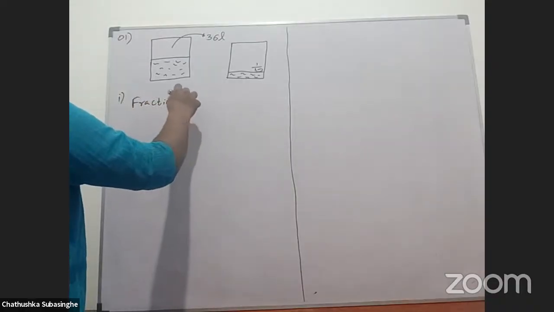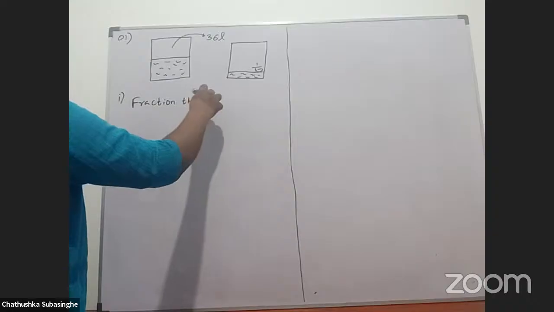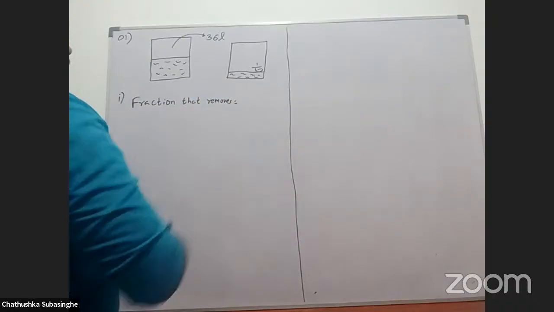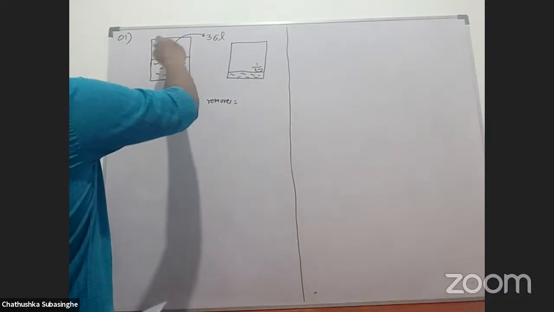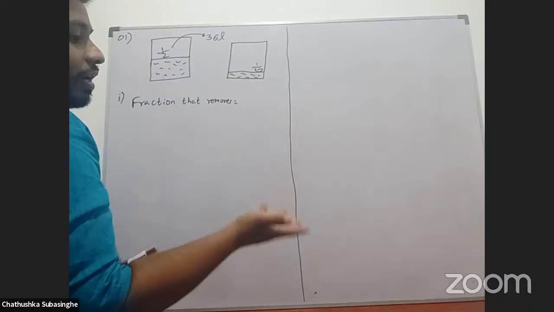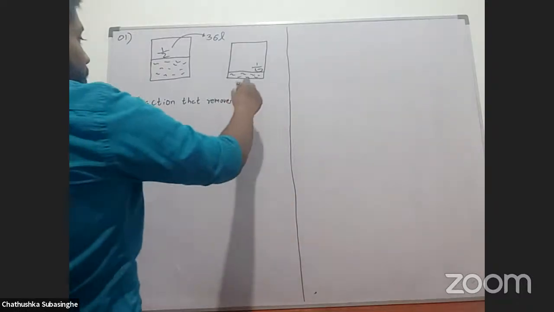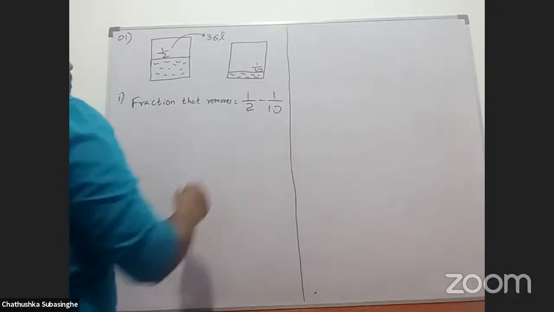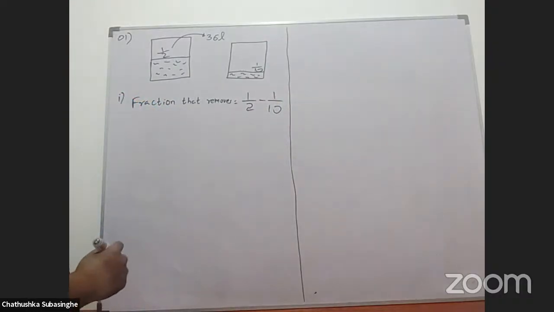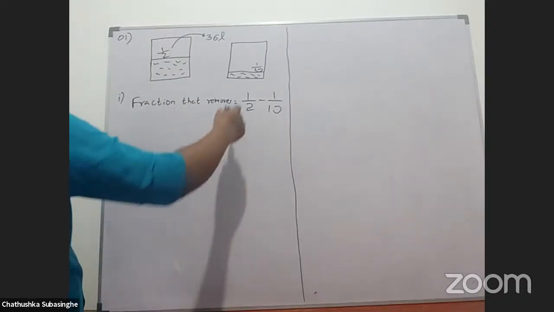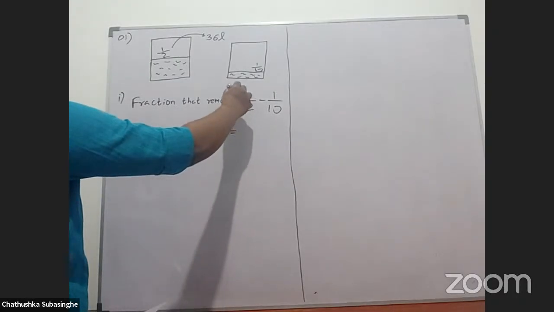It's very easy. We had 1/2. After removing this part, we are left with 1/10. So we can find the removed part by doing 1/2 take away 1/10. This is very simple. So we have to make the denominators the same, multiplying by 5.